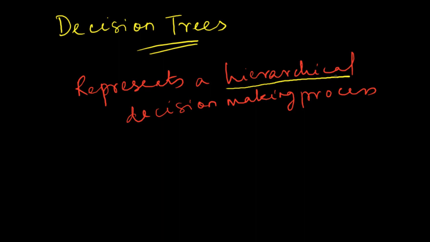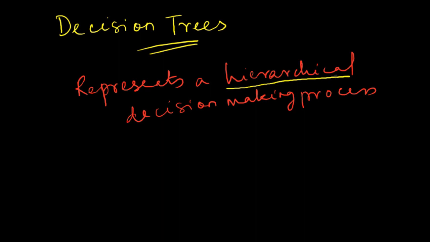Now SVM and logistic regression can be used to extract information about which feature is more important, which feature is less important. But the crucial difference with decision trees is that in this case, the hierarchy is the driving factor in the algorithm design.